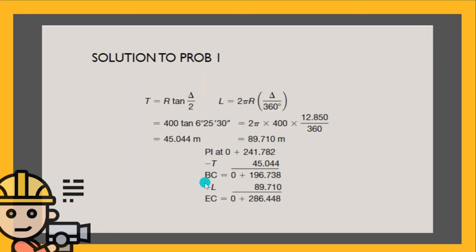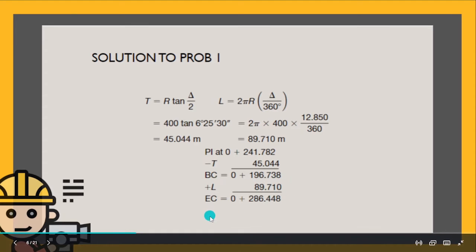And then, next step, to calculate for the BC, point of intersection minus the T. So, 241.782 minus 45.044 is equal to 196.738. This is our BC.